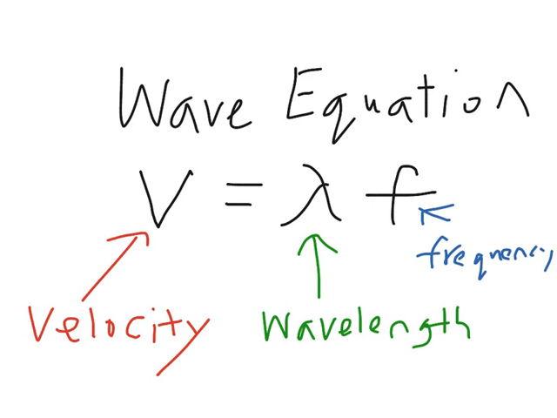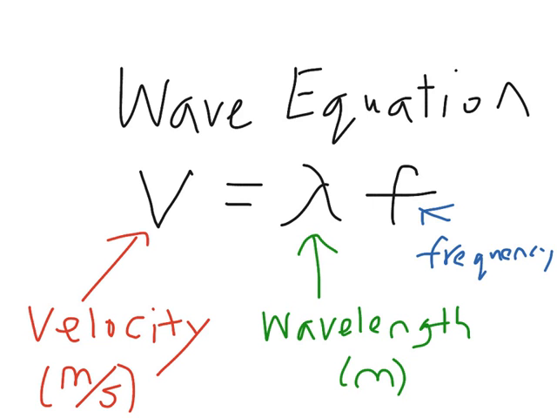In terms of units, meters per second for velocity, meters for wavelength, because wavelength is a type of distance, how long the wave is, and the unit for distance is meters.